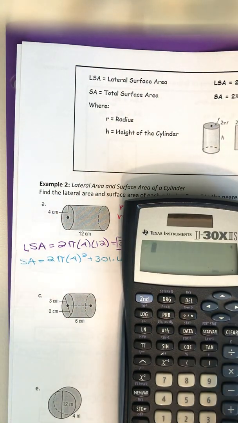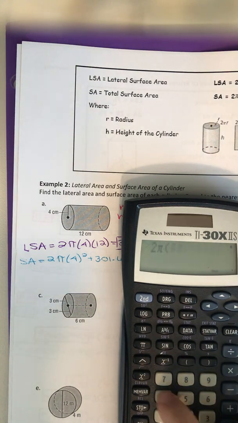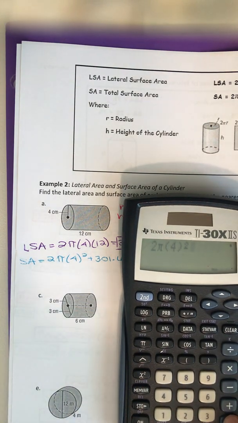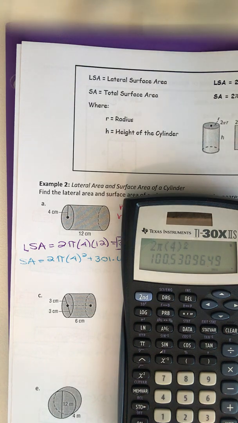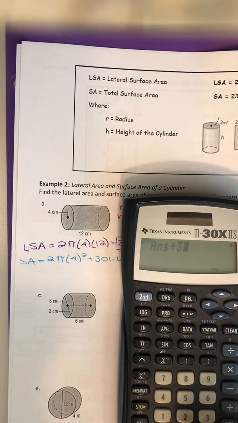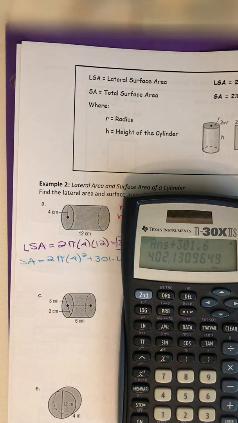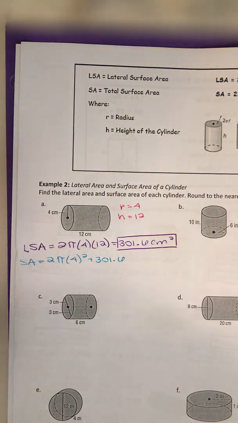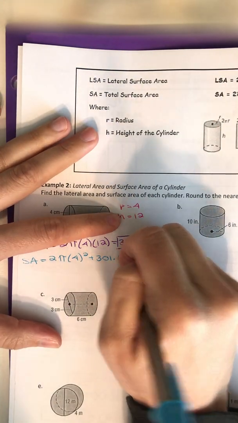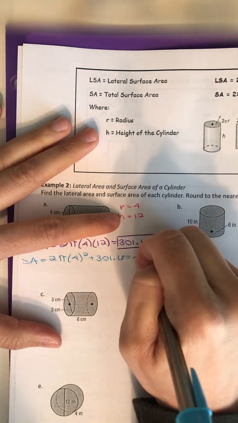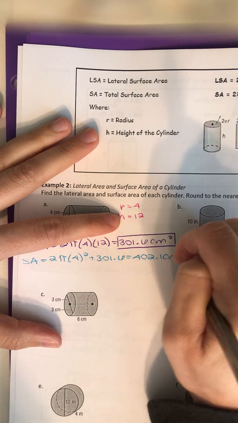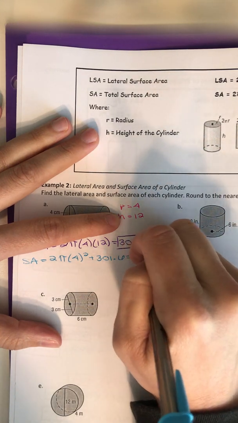So again, just use my calculator, 2 pi 4 squared, which is 100.5, and I'm going to add 301.6. My final answer is about 402.1 centimeters squared.